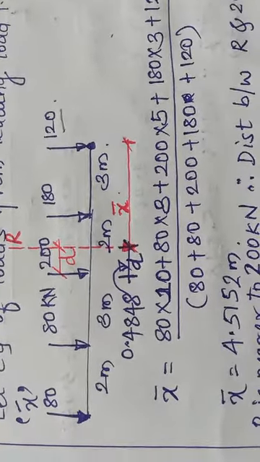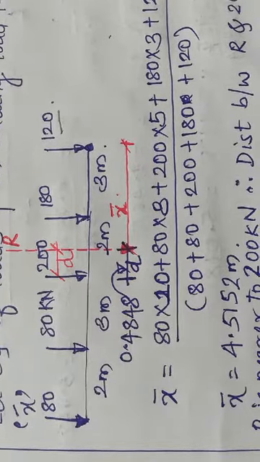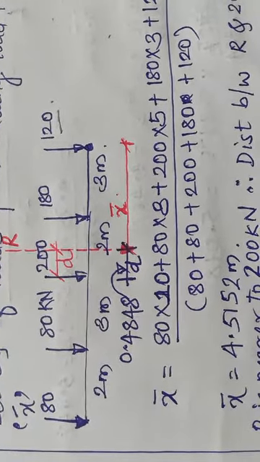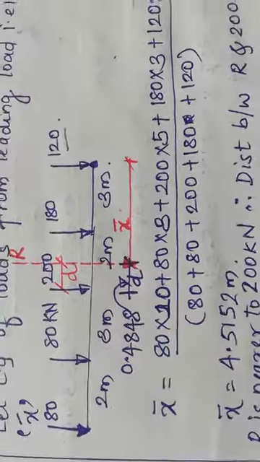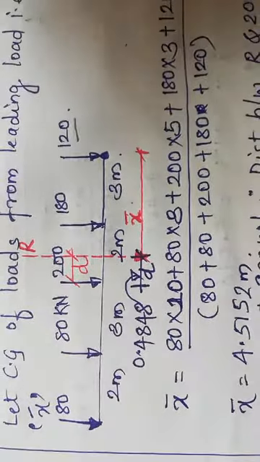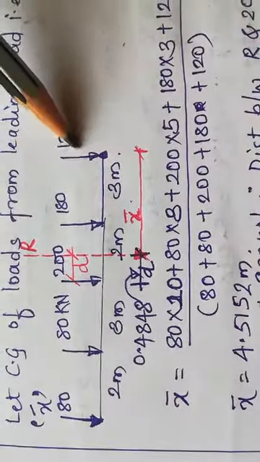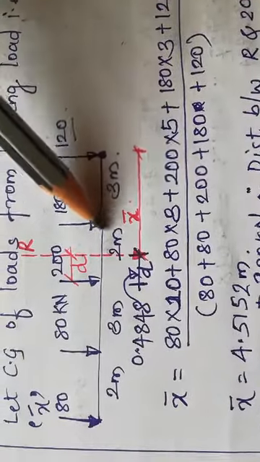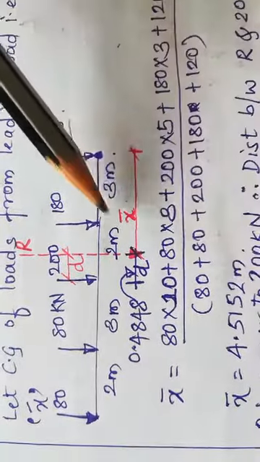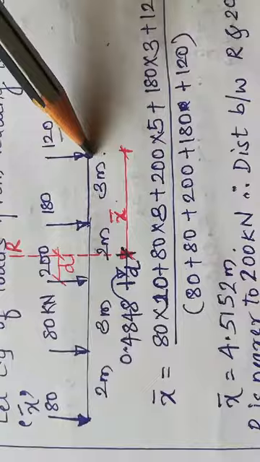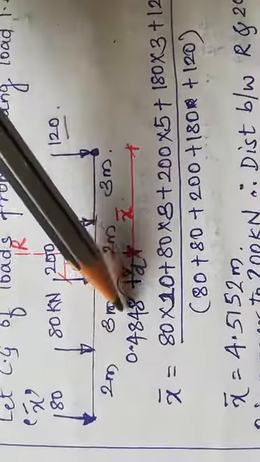This is how you calculate the CG, and you get it as 4.5125. Now, from the leading load, taking this as 0, mark this distance 4.512.